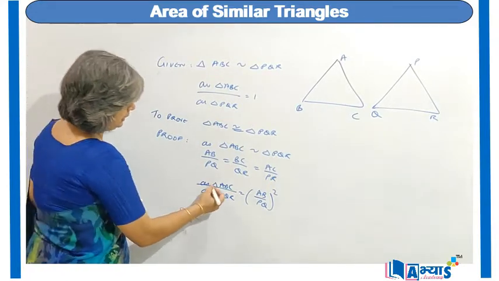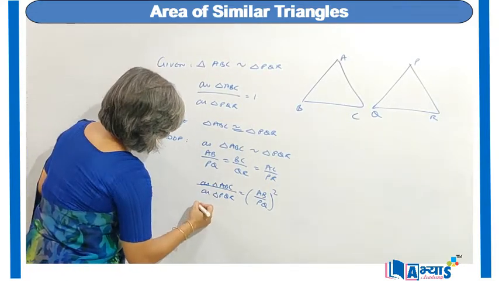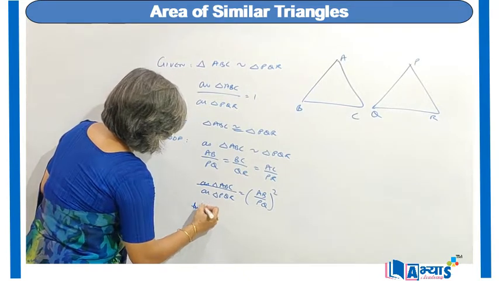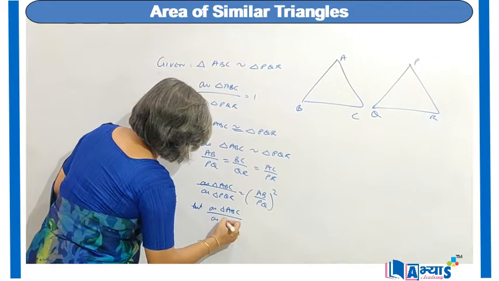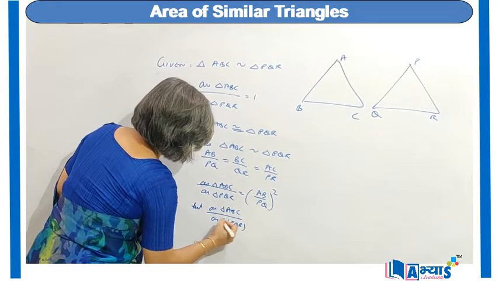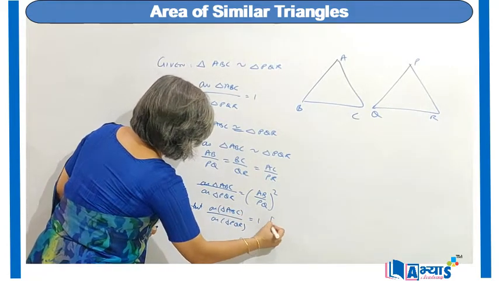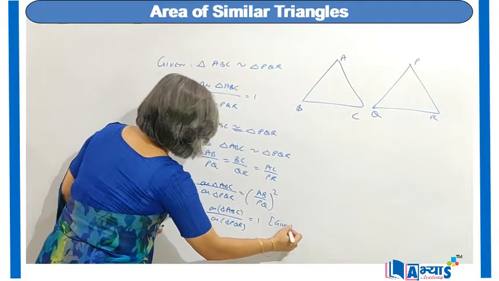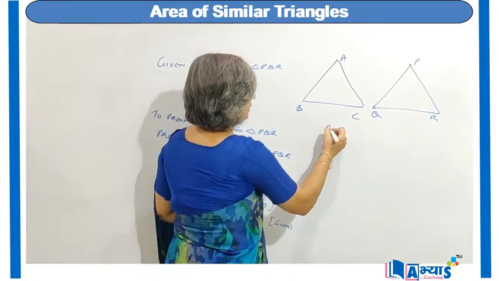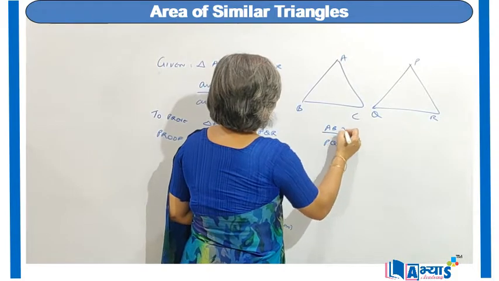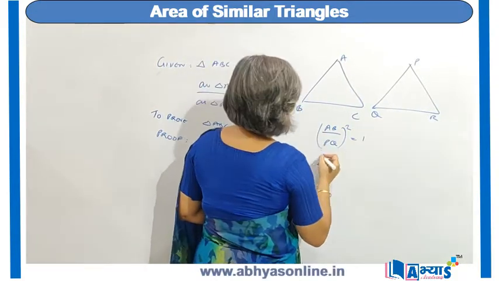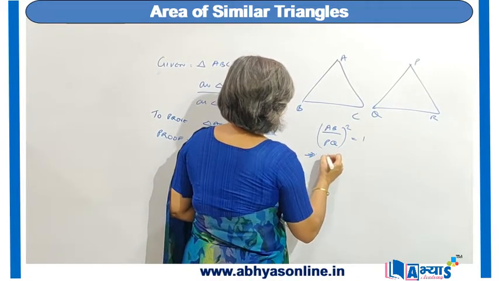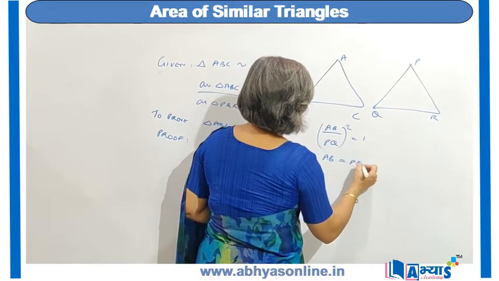But we know that area of triangle ABC upon area of triangle PQR is equal to 1. It has been given to us. So we can say that AB upon PQ whole square is equal to 1, or we can say that AB is equal to PQ.